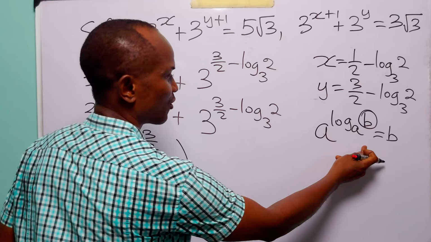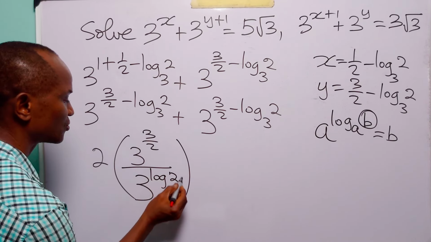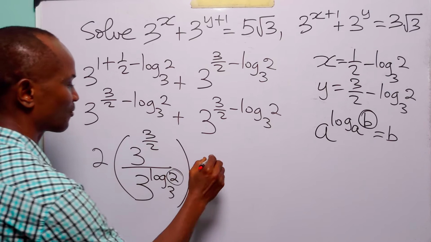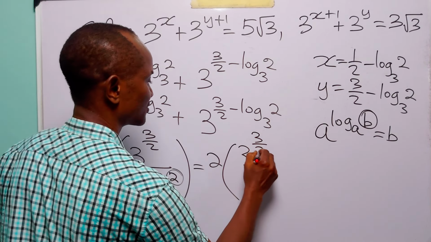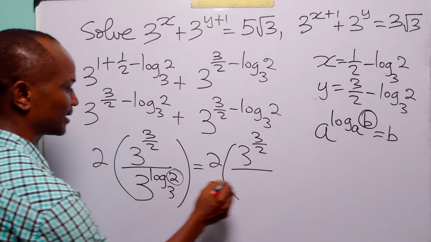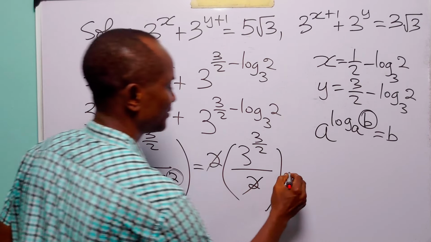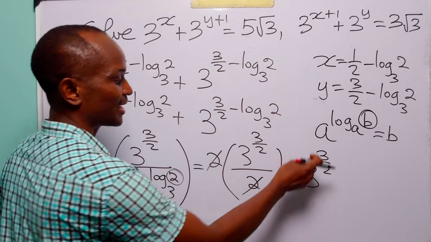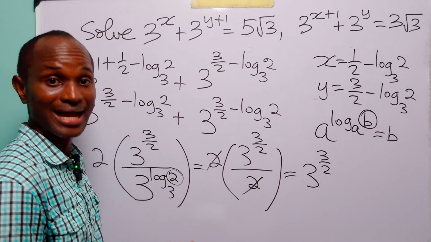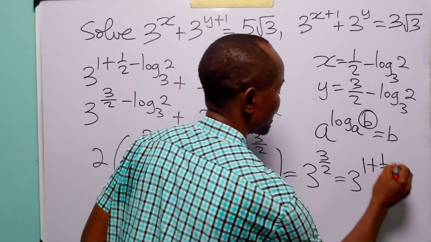But then, when we come back to this, we know that 3 to the power log to base 3 of 2 is equal to 2. So this is equal to 2 times 3 to the power 3 over 2 divided by 2. Of course, this is going to cancel this, leaving us with 3 to the power 3 over 2. But then 3 over 2 is 1.5. So this is equal to 3 to the power 1 plus half.